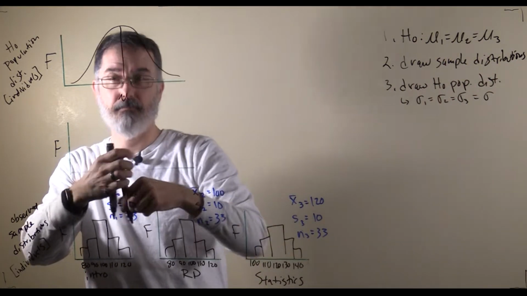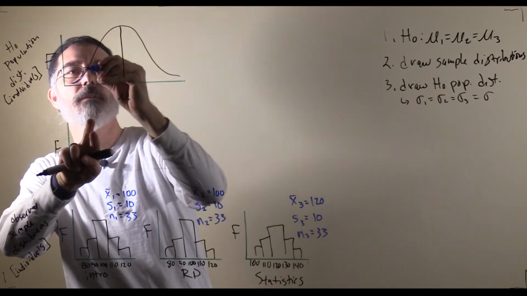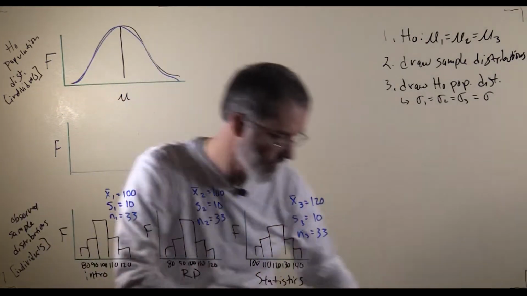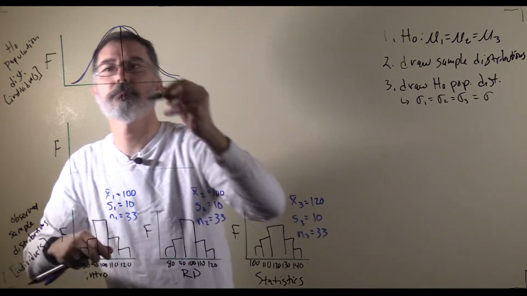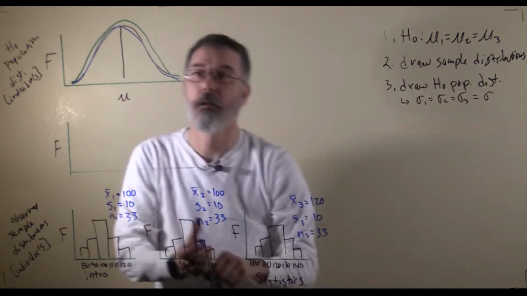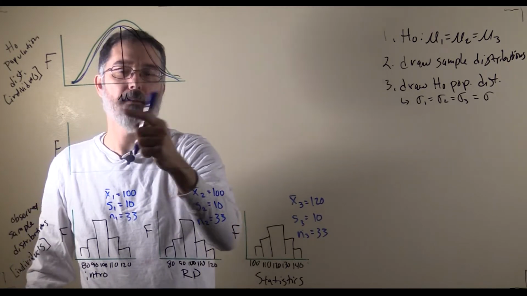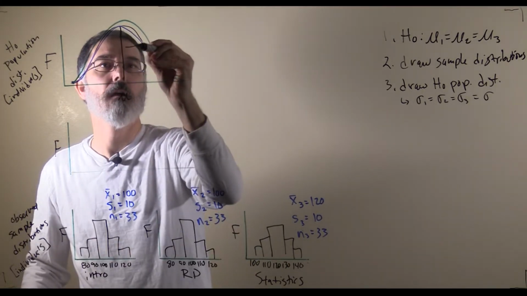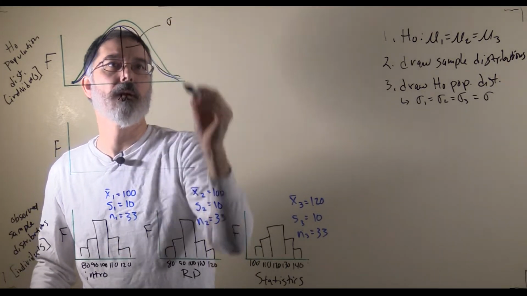And really, you can think of it as three perfectly overlapping distributions if you'd like. And they all have the same mean. And they all have the same standard deviation.